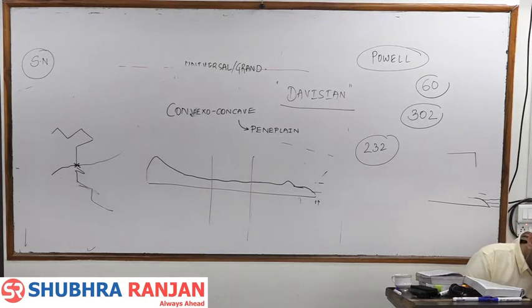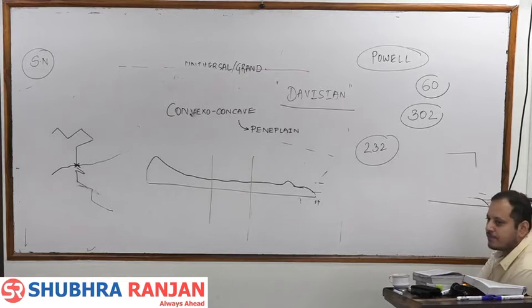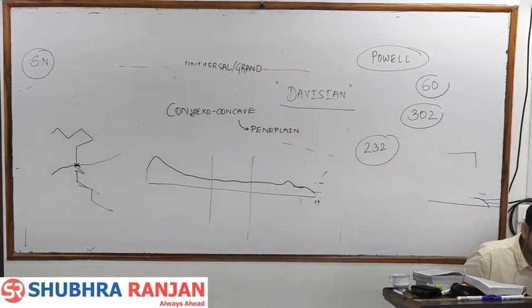Dynamic interaction of structure, process and time. That is, a landform is an outcome of structure, process and time. Next point. Structure.